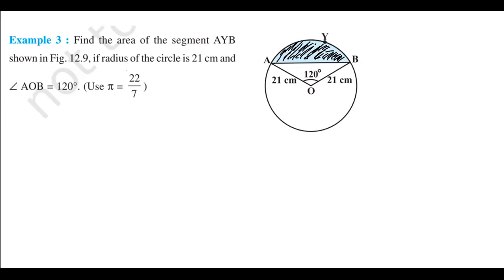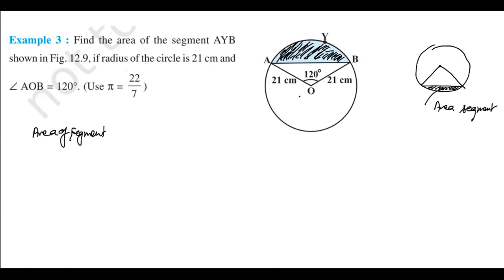Whenever you have a problem regarding the area of a segment, what is a segment? If we have a sector like this and it is making a chord here, this region is called the area of segment. So this is called the segment.